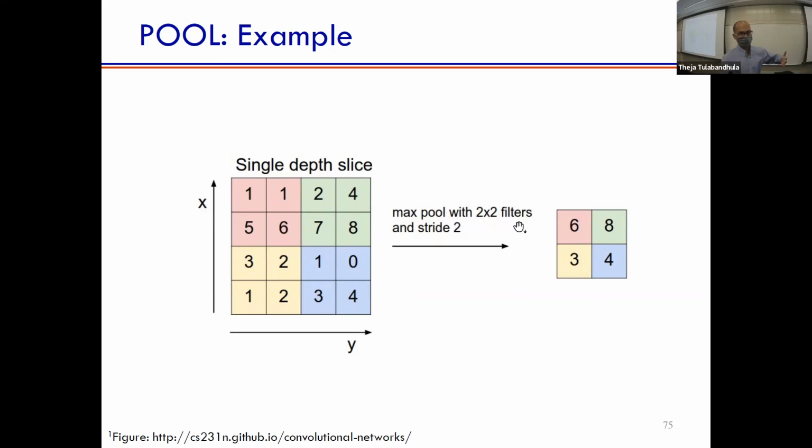You just take the max, and that's the output. Stride 2 just means now jump two columns to the right and so on. So the max of these 4 is 8, the max of these 4 is 3, and so on. It's just reducing by taking the max of regions in your input matrix.